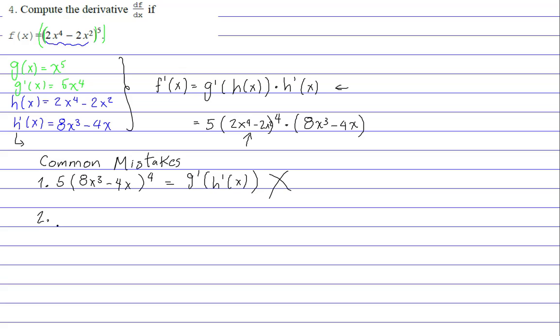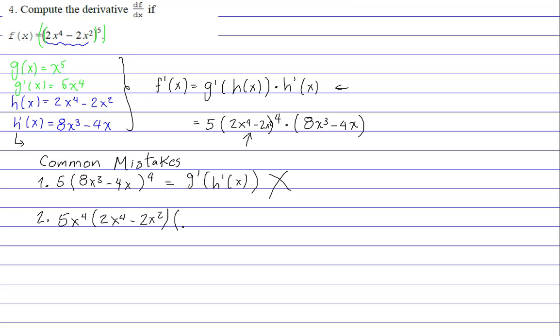Another common mistake that I've been seeing is, for example, taking the derivative of g, so writing 5x to the 4th, and then instead of evaluating that 5x to the 4th at h, just multiplying that h out.